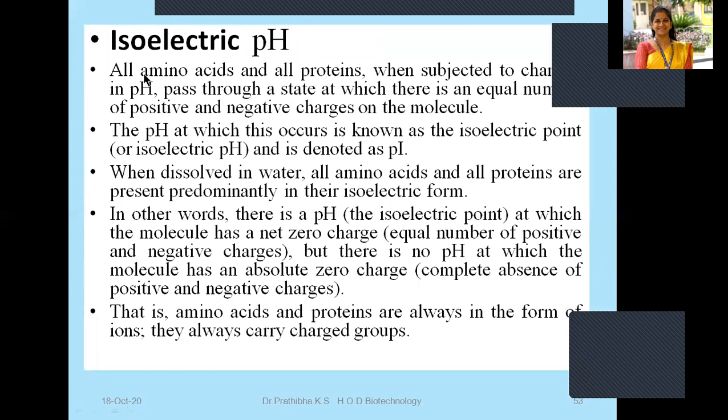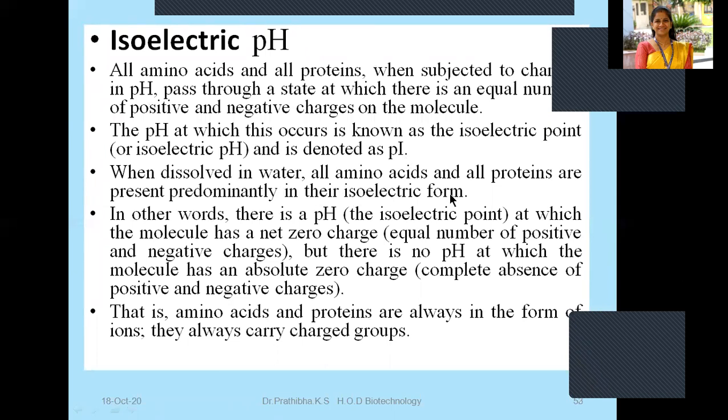Here all amino acids and all proteins, when subjected to changes in pH, pass through a state at which there is an equal number of positive and negative charges on the molecule. The pH at which this occurs is known as isoelectric point or isoelectric pH, and is denoted as pI.